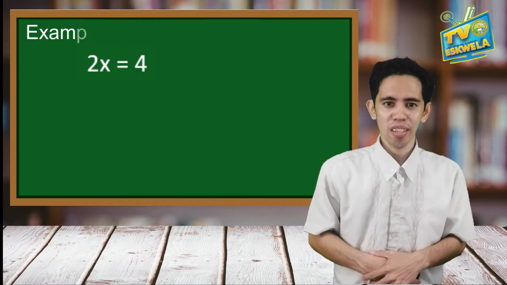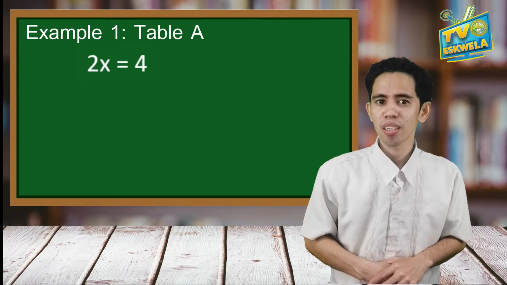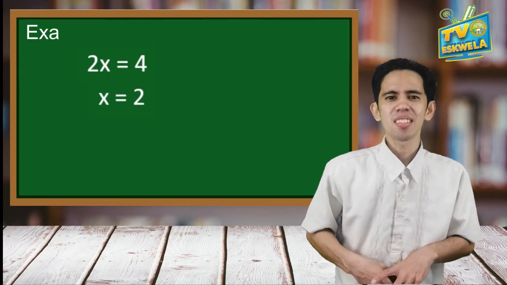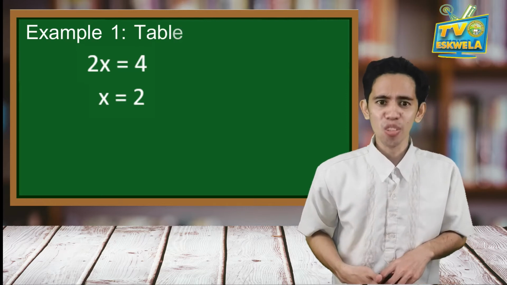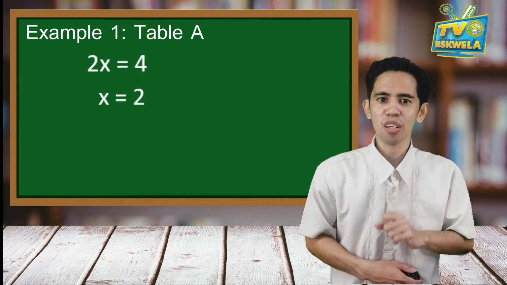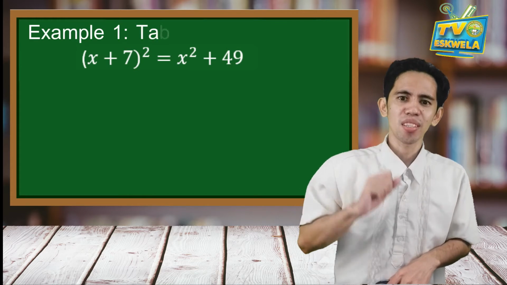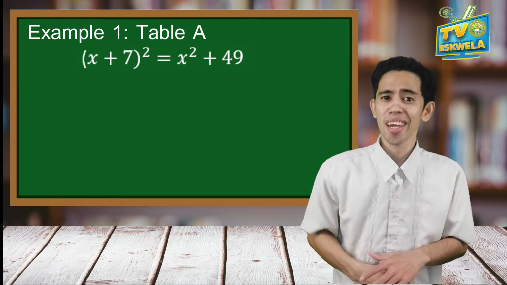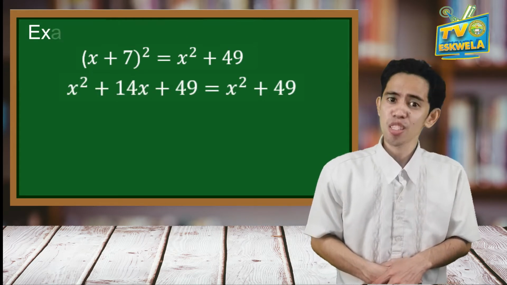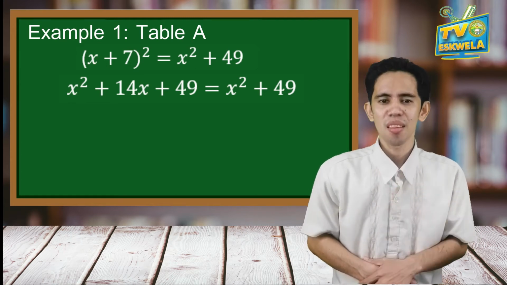2x is equal to 4. If you simplify that by dividing both sides by 2, we come up with x is equal to 2. Since there is a specific value for the variable, we can say that the example is a conditional equation. For quantity x plus 7 squared is equal to x squared plus 49, simplify that by transposing all the terms from the right side to the left side and changing the sign.